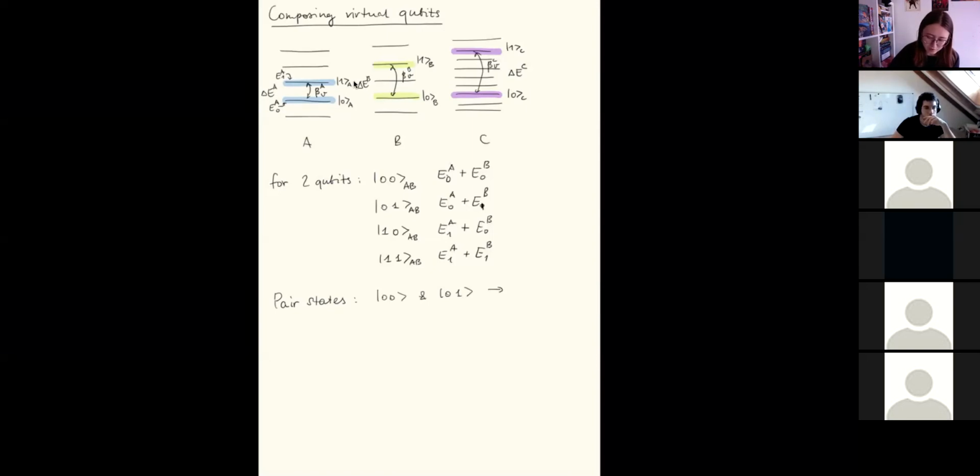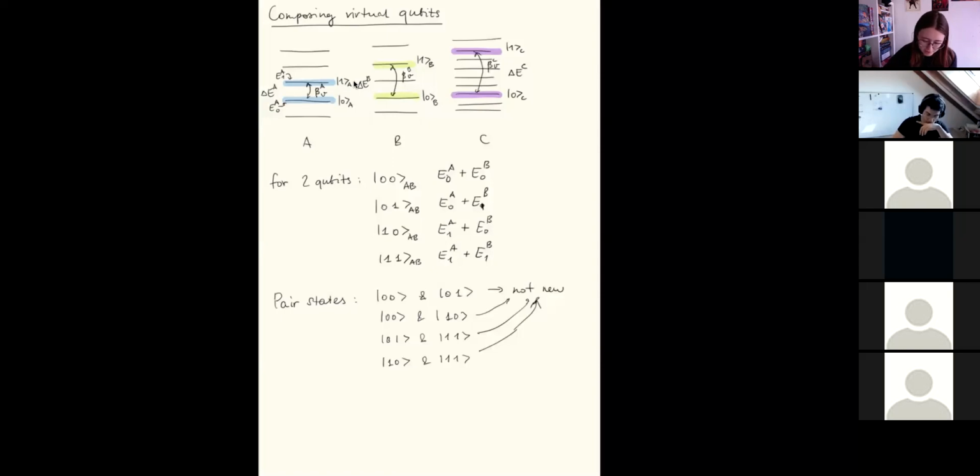The same argument goes for the pairs 0, 0 and 1, 0, where we can factor out the second system. For 0, 1 and 1, 1, and 1, 0 and 1, 1. So these are all not new, with respect to the initial virtual qubits.